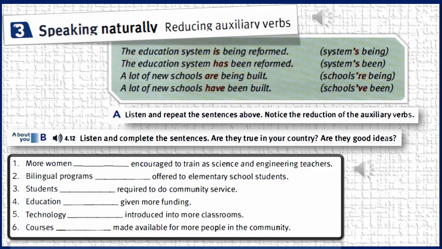But it's important when you listen to these reduced auxiliary verbs that you understand. Yes, it gives you a big help just listening to the following verb. Yes, being or been, is it -ing or is it a past participle, etc.